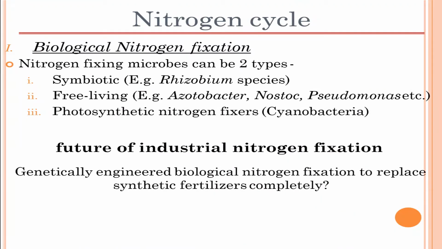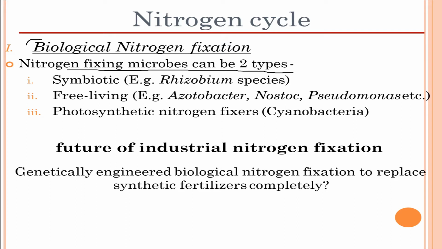Moving on, talking about biological nitrogen fixation in broader terms: how can it be done in different ways by different microbes present in the soil? We just talked about the enzyme involved, nitrogenase, coded by the NIF gene complex.